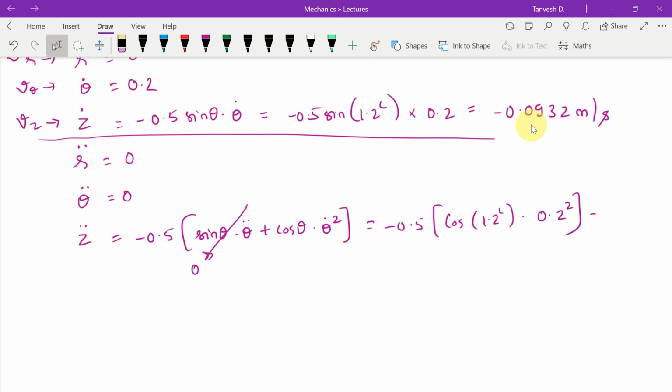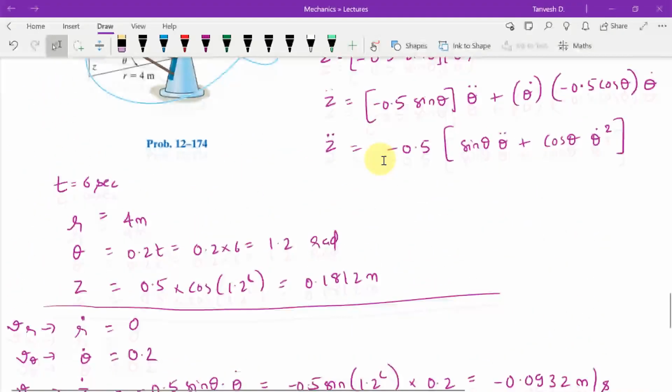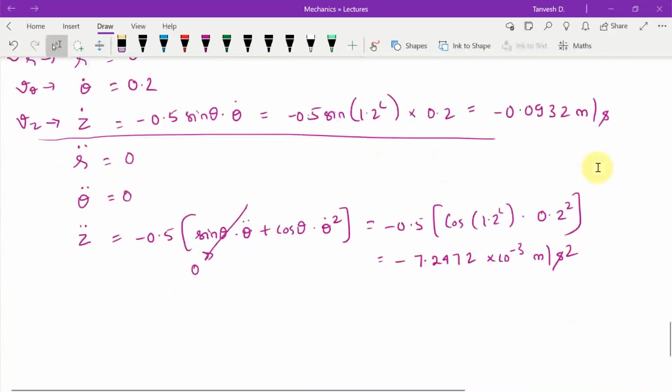So this is equal to minus 7.2472 into 10 raised to minus 3 meters per second square. And this is your acceleration along the z direction, not the total acceleration. We'll have to find the total acceleration. Let us first find the total velocity.